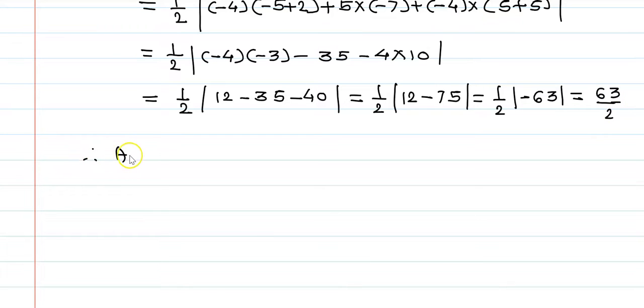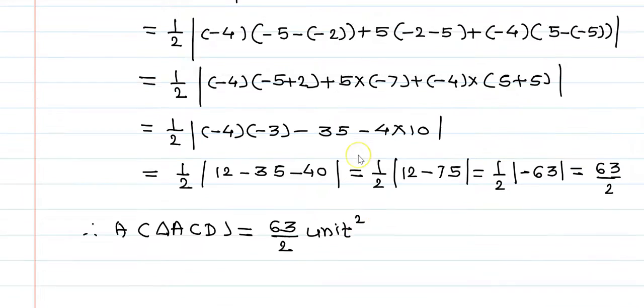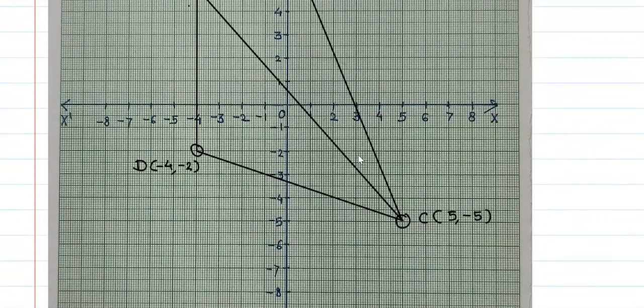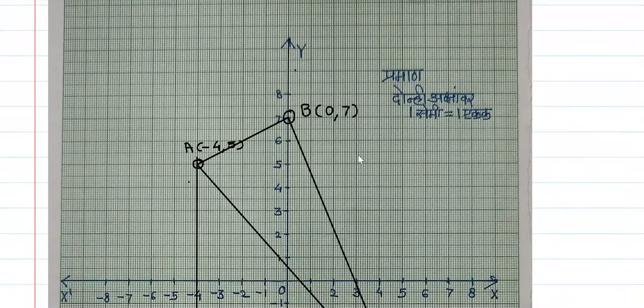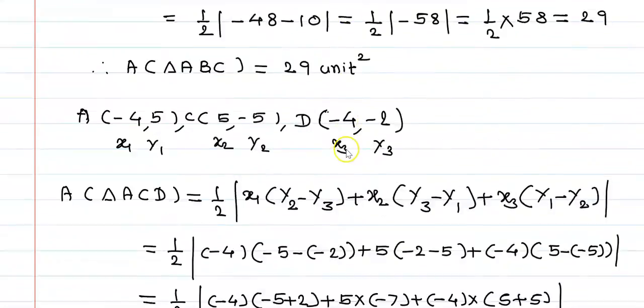Therefore, area of triangle ACD equals 63 upon 2 unit square.